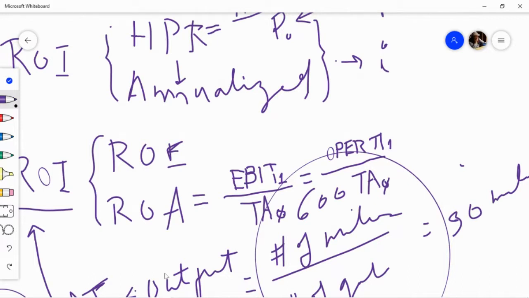So from the debt holders' perspective, debt holders and equity holders are the only two types of fund providers.